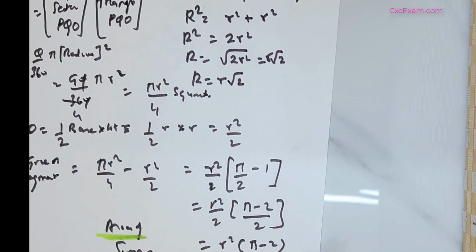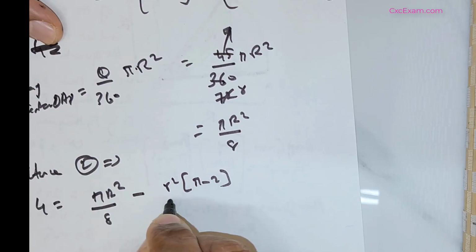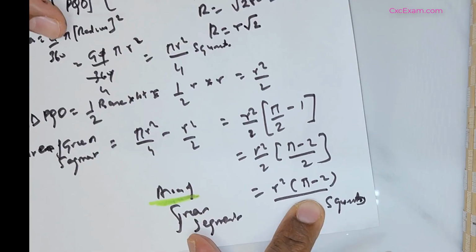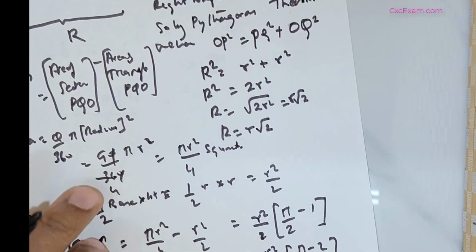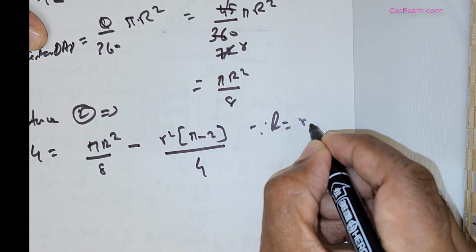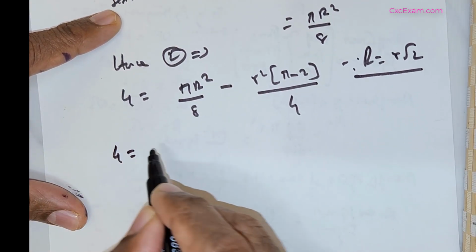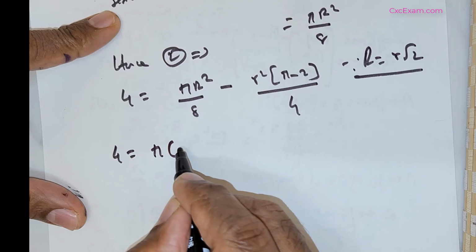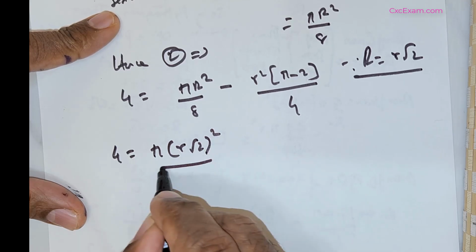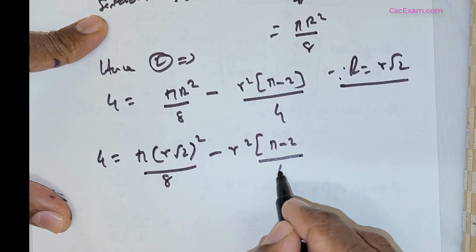So let me write this down. The segment area is R squared of (pi minus 2) divided by 4, with R as the small radius, and capital R is R times root 2. So 4 is equal to pi times (R root 2) squared divided by 8 minus R squared (pi minus 2) divided by 4.